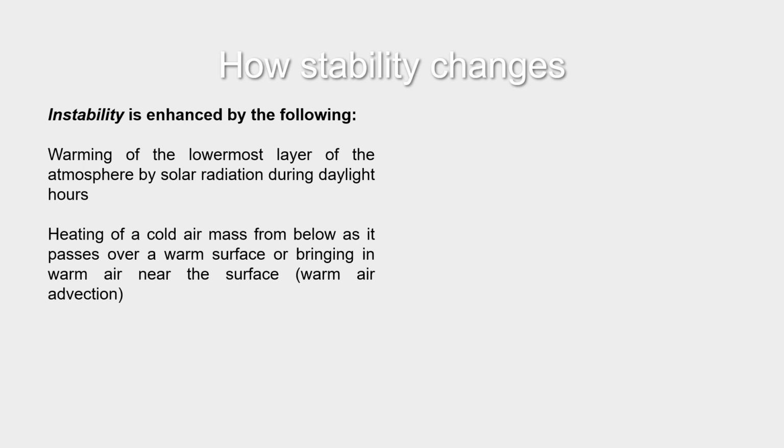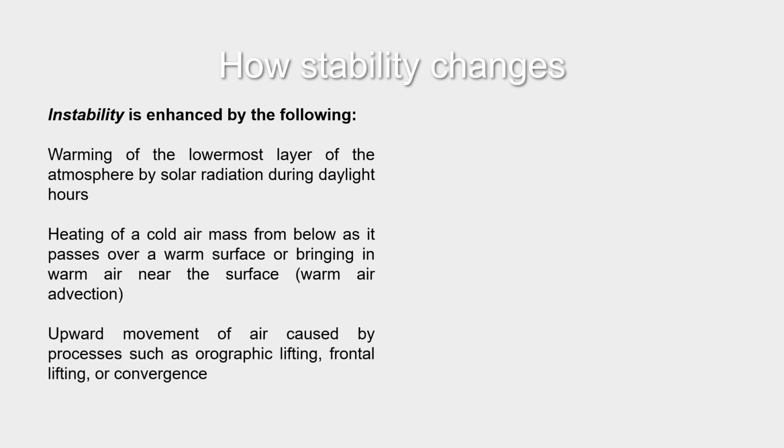And also instability is enhanced by heating of a cold air mass from below as it passes over a warm surface, or bringing in warm air near the surface, or warm air advection. And also the upward movement of air caused by processes such as orographic lifting, frontal lifting, or convergence.